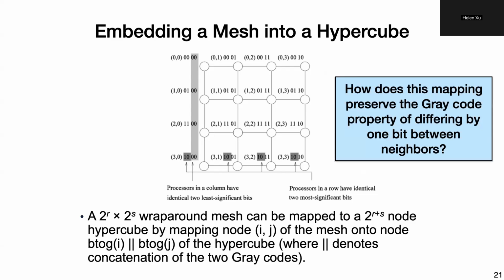So we showed that the reflective scheme preserves the gray code property for one dimension. Is it clear that concatenating it works in arbitrary dimensions? You're saying yes. Why?